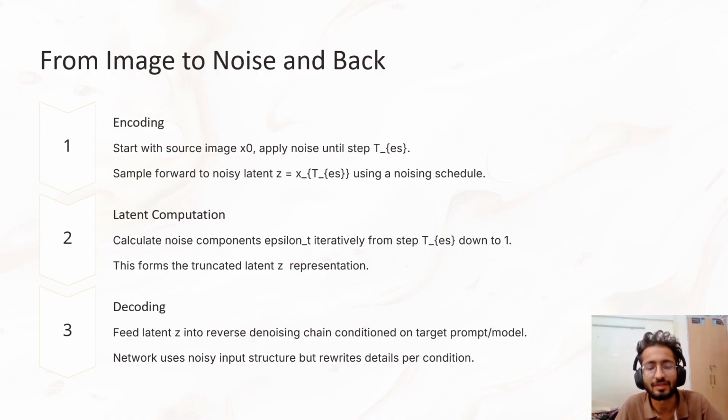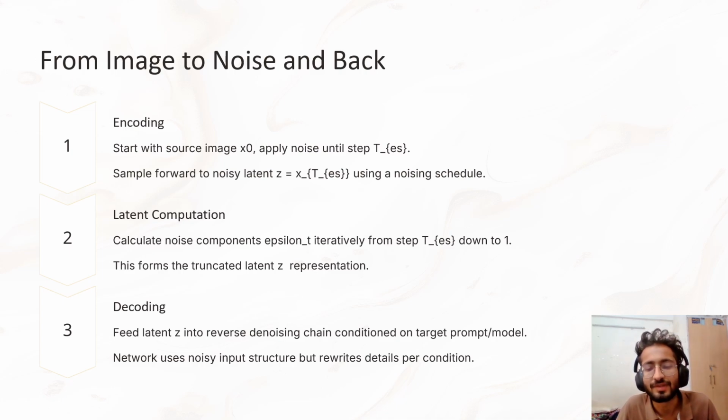Truncated forward sampling is to choose a truncated time step TS less than T. For example, TS equal to 200 for T equal to 1000. Sample a noisy image at time step TS, XTS drawn from q of XTS given X0. Now compute the noise estimates epsilon t that would reverse the steps from XTS to X0, that is the initial image, using a trained UNet denoising model epsilon theta.